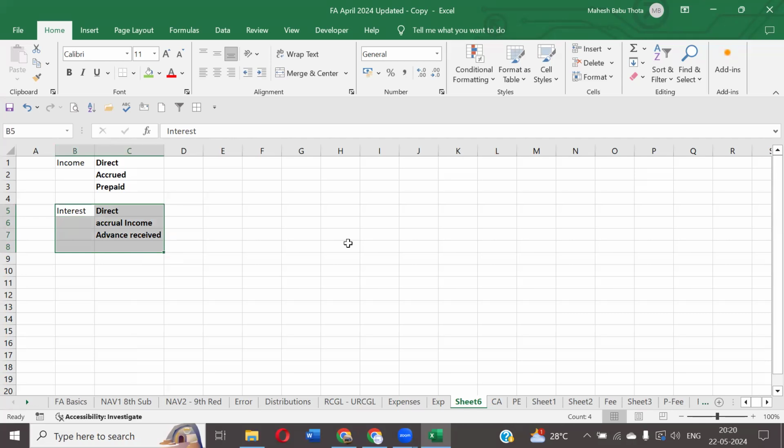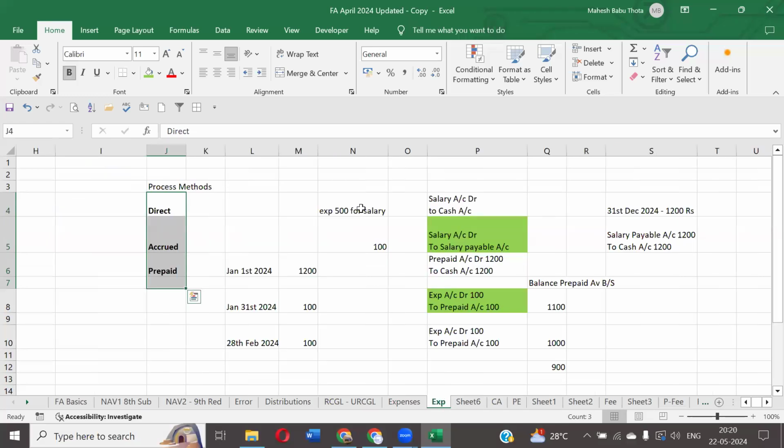Can you guys come up with these answers for tomorrow? Yes, sir. Just try to work through these expense cases and everything. If you want, I'll share this with you as well. Let me take a screenshot and share it with you once again.